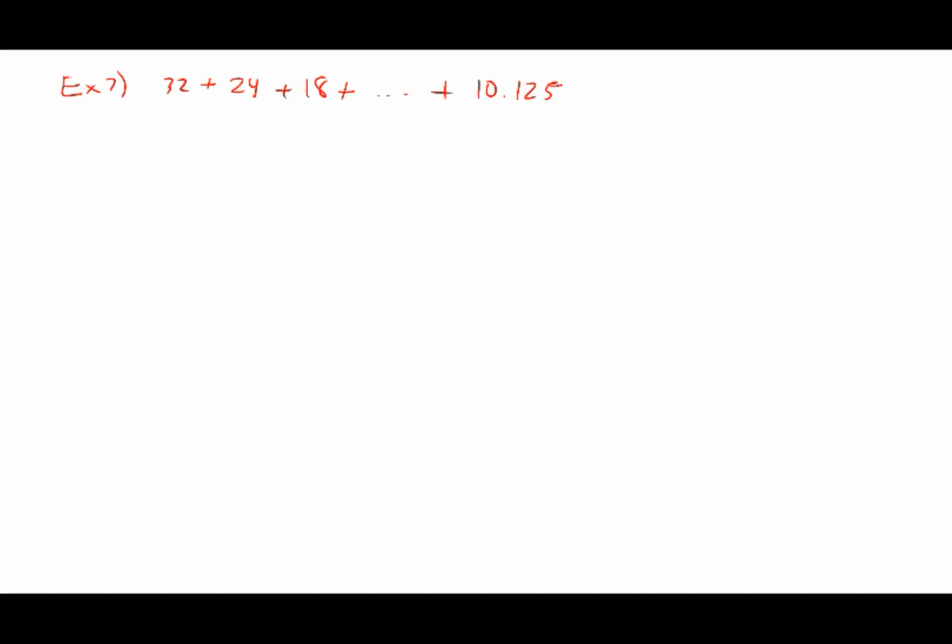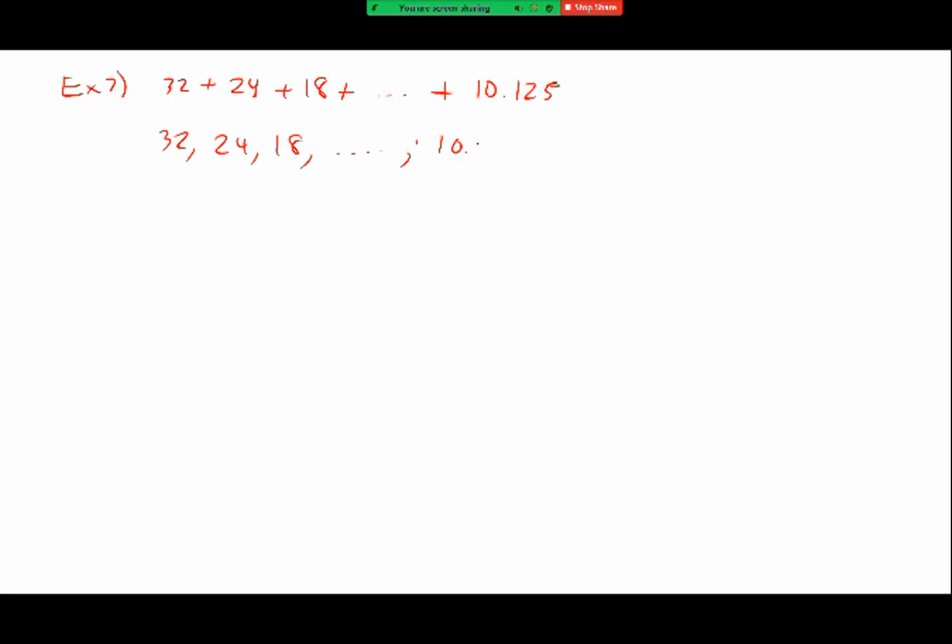What should we do? Instead of addition, think about them as just individual pieces. I've got a 32 as a first term, a 24 as a second term, 18 as another term, and it goes all the way down to a 10.125.